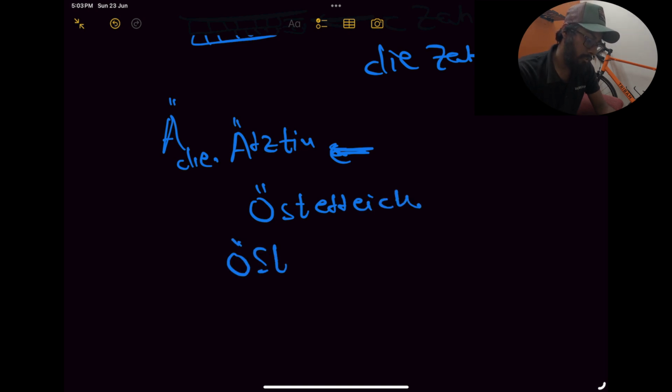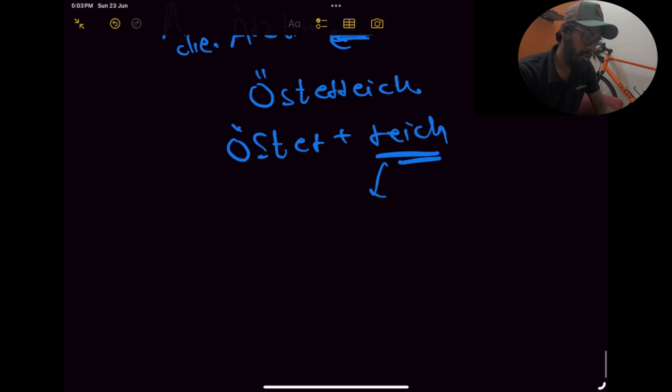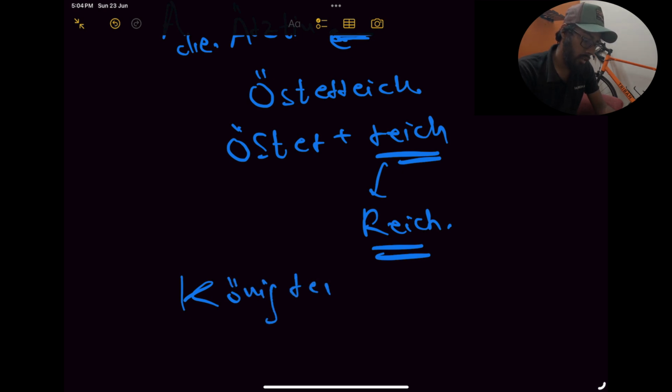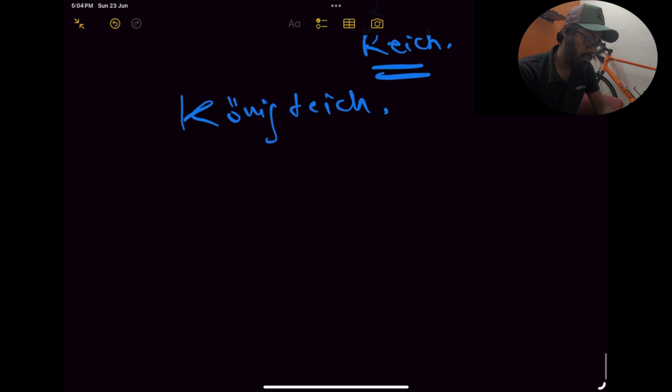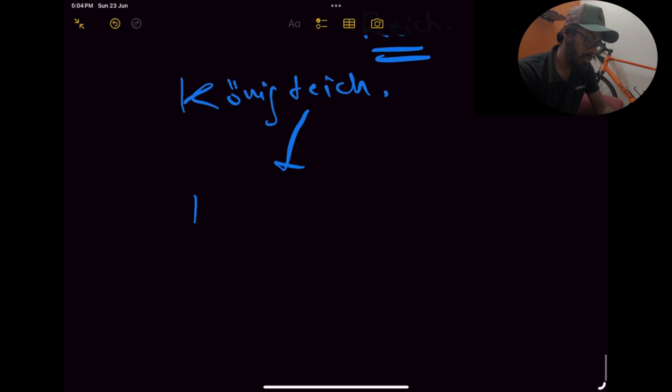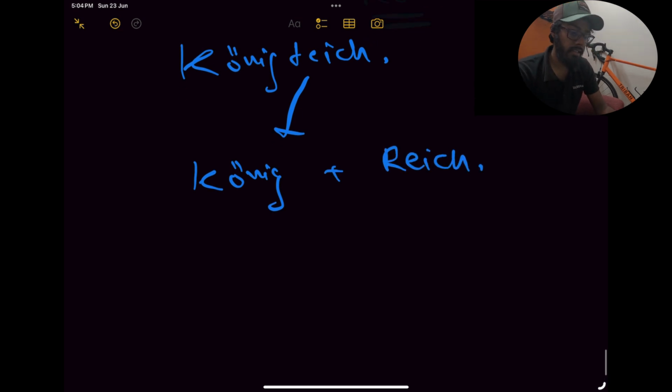I guess if you want to form etymology, you can have Öster plus Reich. So Reich is a kind of throne or kingdom which a king has. Reich. If we have this Königreich, you will form it from the two words König plus Reich, right?